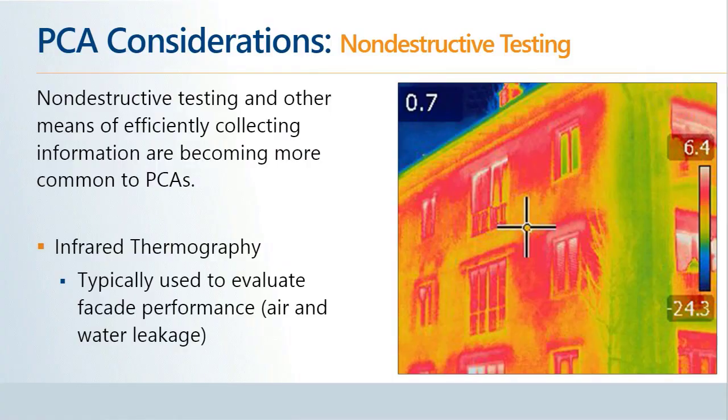Other tools that can be used during the PCA process, non-destructive tools, are infrared thermography, which is used to evaluate the facade performance, typically air and water leakage of the facade. The thermography uses specialized equipment to determine potential areas of moisture or air infiltration.